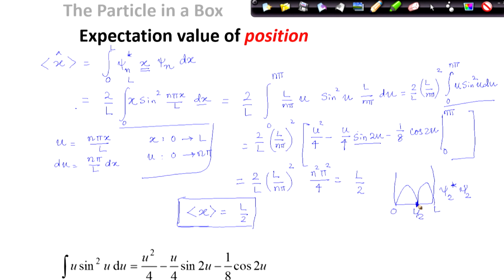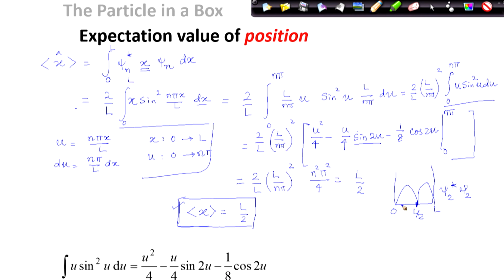So, this is a paradox, because I am telling you that the average value of the position operator is L by 2, whereas the probability density at the middle of the box was 0.